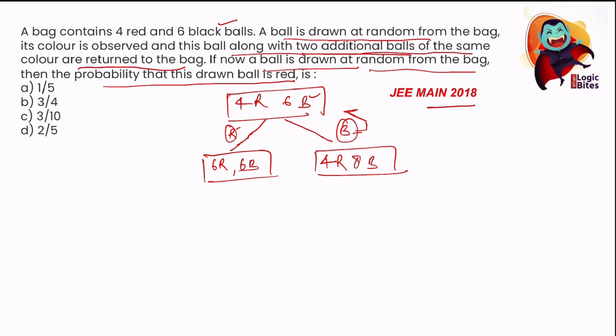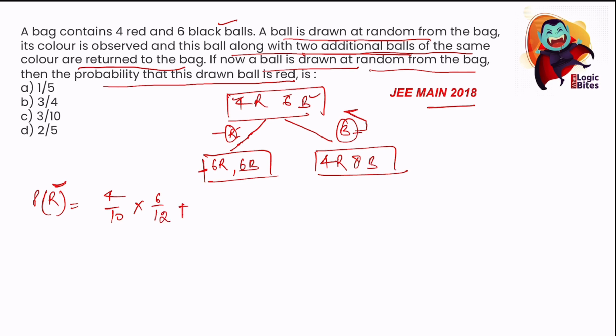So these 2 probabilities only we need to find. Let's say the first case is drawing a red ball. The probability will be 4 divided by 10. We are trying to find the probability of ultimately drawing a red ball, so once we have drawn the red ball, drawing a red ball again will be 6 divided by 12.